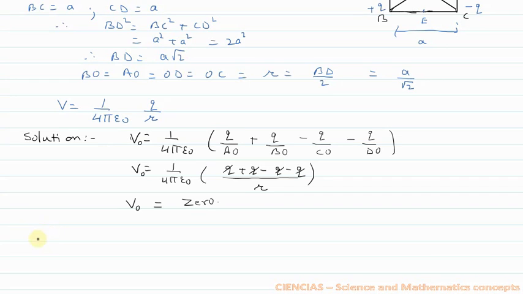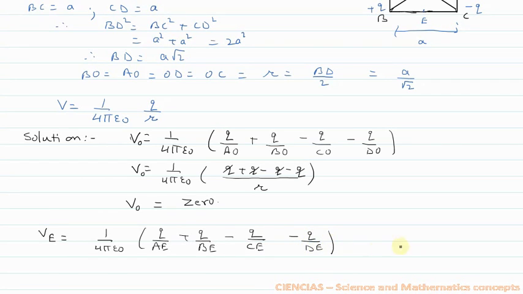Now for the second part, we want to find out potential at point E. For that, 1 upon 4 pi epsilon 0 times q upon AE plus q upon BE minus q upon CE minus q upon DE.